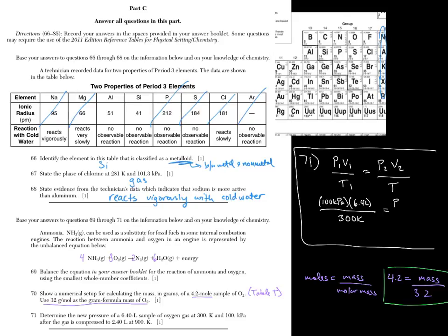Our new pressure is what we're looking for, with a volume of 2.4 liters and a new temperature of 900 Kelvin. All you have to do is the algebra, and you should get 800 kilopascals as your pressure. And that's your answer for number 71.